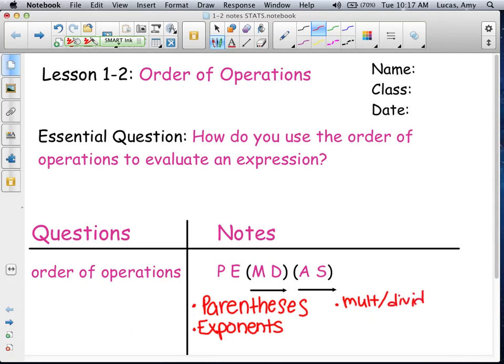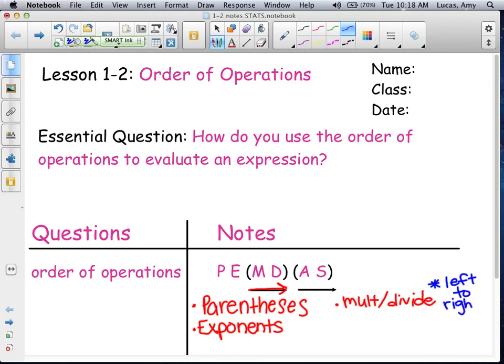Those operations are equal, so they're both on the third step, and the arrow underneath is to make sure that you remember that you don't necessarily multiply first, you multiply or divide, you do whichever operation is on the left. So that's left to right. And then the last step would be the adding and subtracting, and again, it's left to right.